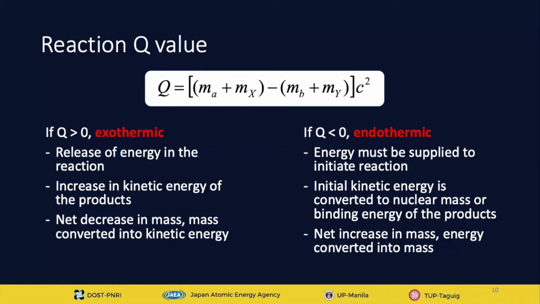Nuclear reactions that are induced by the interaction of neutrons with matter can be exothermic or endothermic. Here are the mechanisms of interactions of neutrons with matter.